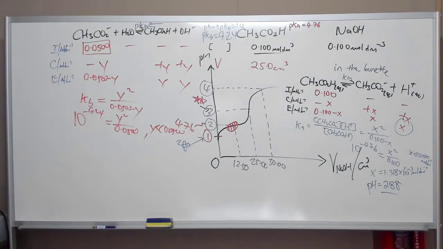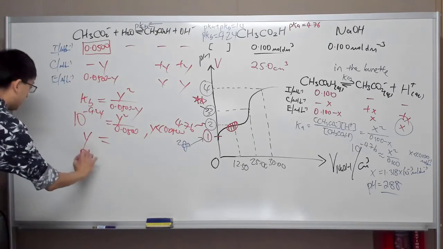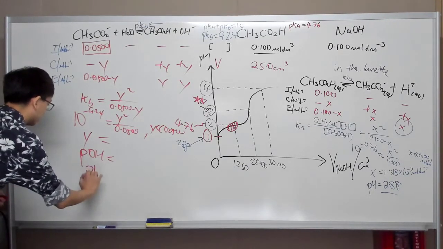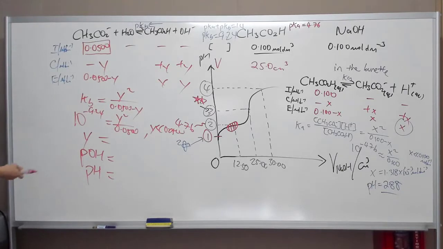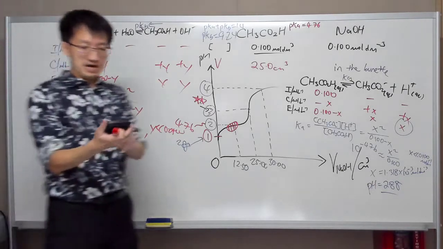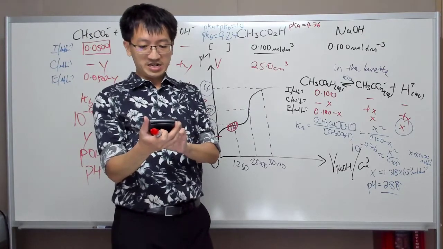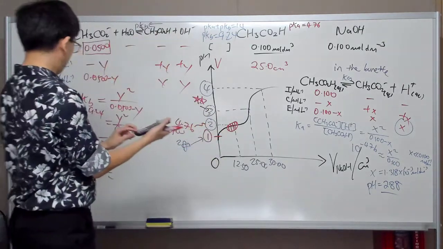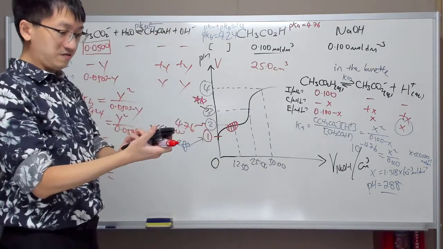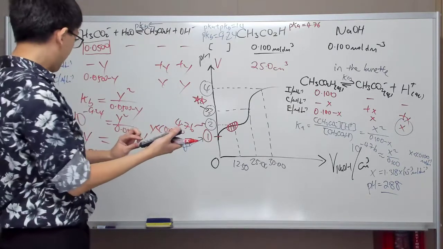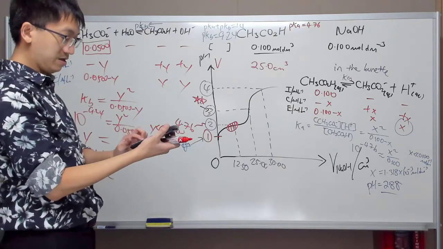With the same thing, I'm going to use a calculator to determine Y. Y actually gives us pOH, and then we can find out pH. So we'll use the calculator: 10 to the power of minus 9.24, multiplied by 0.05, and then I'll take the square root.